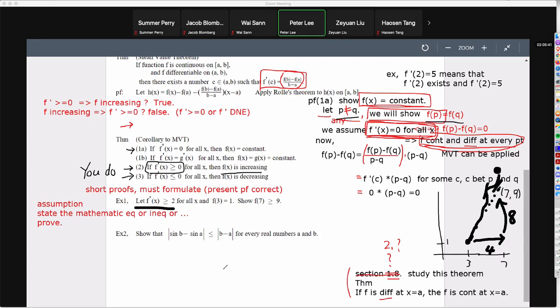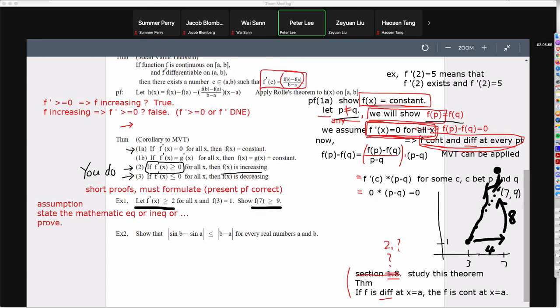But it says here f prime of x is at least 2 for all x. If that's the case, how can you show that f of 7 is greater than or equal to 9? That makes a lot of sense if you look at the graph here. So what we need to do is show this.